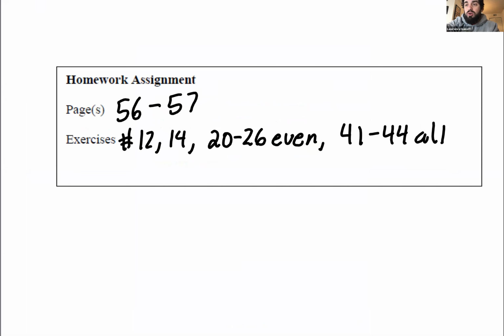Please note in numbers 41 through 44, I am asking you to do all problems. There are some problems that will ask you to do the addition, subtraction, multiplication, and division of the two functions. So if it does ask for all four, please make sure you give me all four. Just don't give me the first one.